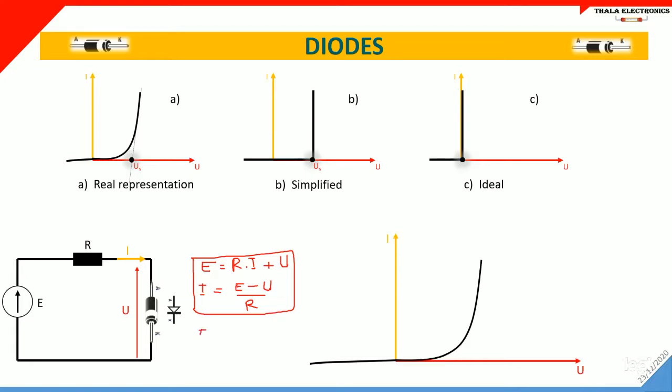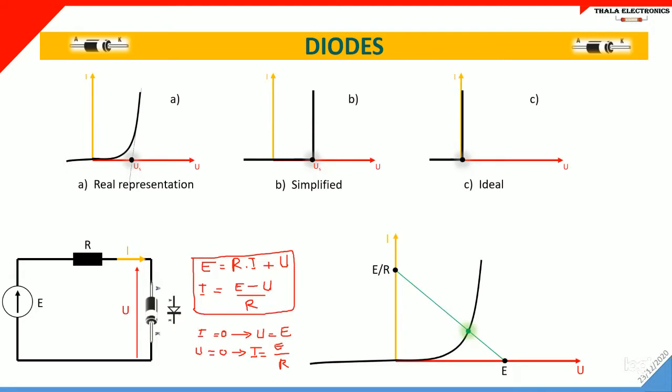When my current equals 0, this means that U equals E: the voltage or the DDP between anode and cathode is equal to the voltage of my source. And when the DDP between the diode terminals equals 0, my current equals E divided by R. I got these two points. Now let's draw the straight line.